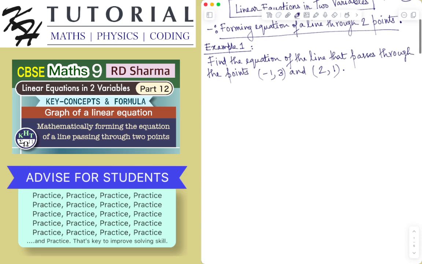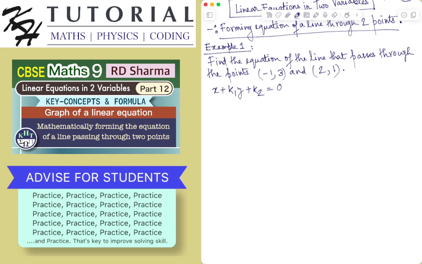The first problem: the coordinates are -1, 3 and 2, 1. The transformed equation was x plus k1 y plus k2 is equal to 0. This is the equation of the straight line passing through the points -1, 3 and 2, 1.